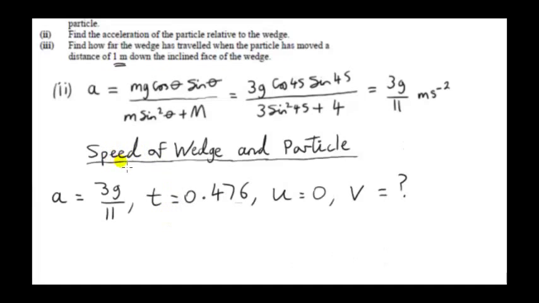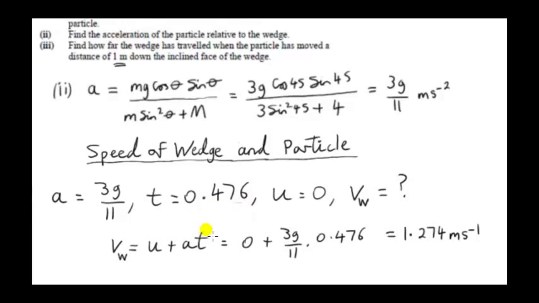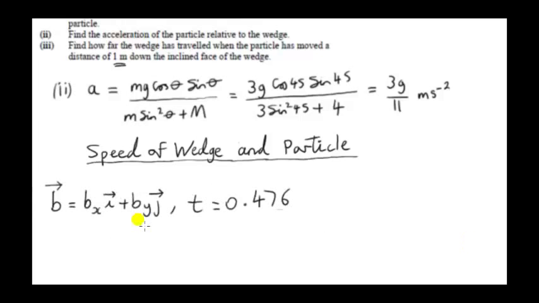Now as an aside, let's consider the speed of the wedge and the particle at the time t equals 0.476 seconds. So working this out, we get 1.274 meters per second. Now let's consider the speed of the particle. Its initial speed is 0, and we want its final speed. I'll call it Vp.